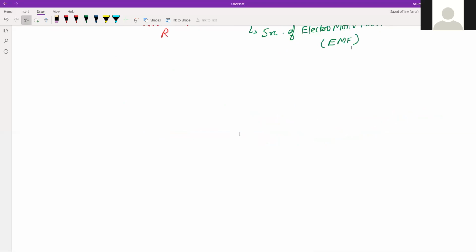So what is this electromotive force? Is it really a force, or what exactly is this? We'll see that as well. So in this battery, what happens? In a battery, there are two terminals. One is, say, the negative terminal, and the other is the positive terminal.